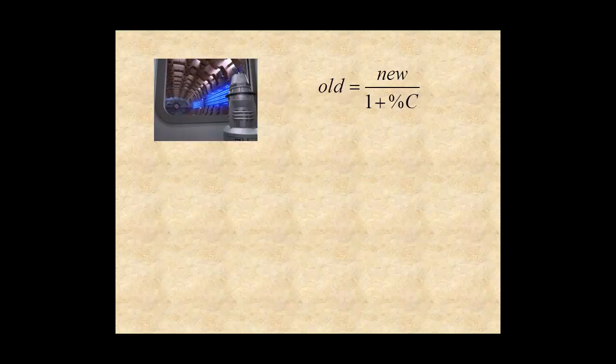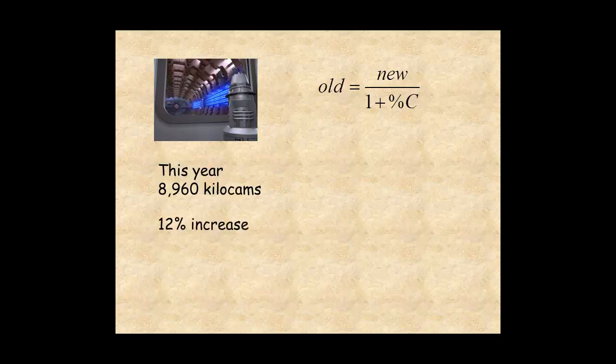For example, let's say you're selling warp plasma to power Galaxy-class starships. This year, you sold 8,960 kilocalories of plasma, which is a 12% increase from last year. To find out how much you sold last year, substitute into the model.